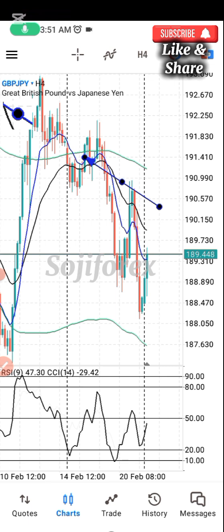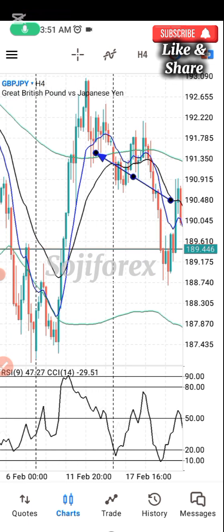Now we established before that whenever price is below the Middle Bollinger Band, we are in a downtrend. And when price is above the Middle Bollinger Band, we are in an uptrend. However, there is an exception to this rule.